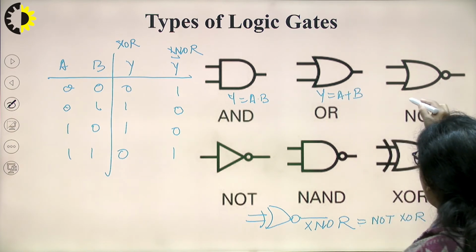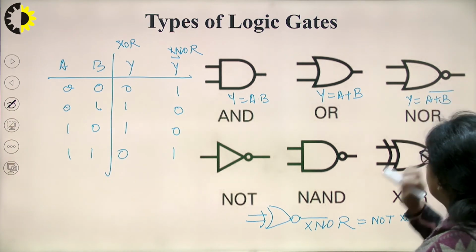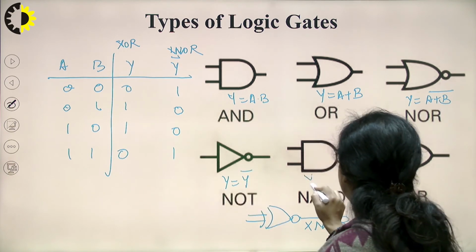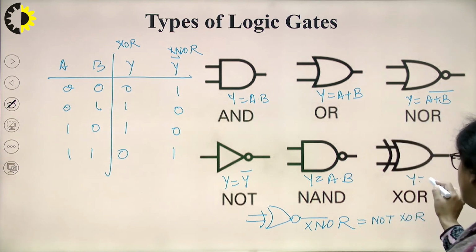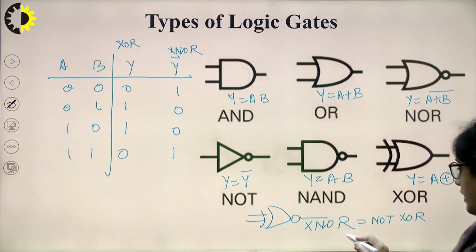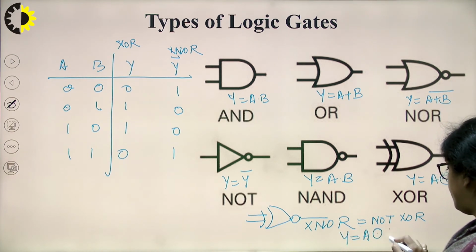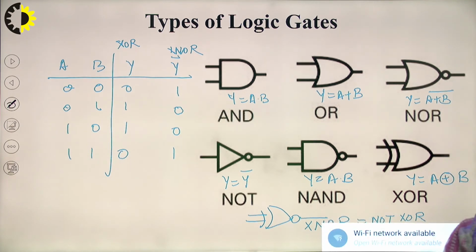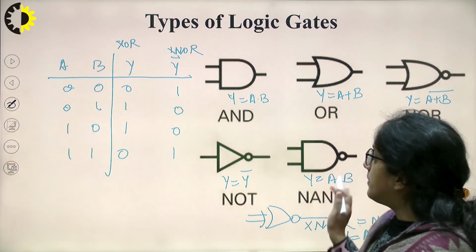In the case of the NOR gate, y is equal to... We can change the symbol using De Morgan's theorem. So, in this way you can remember all these things.